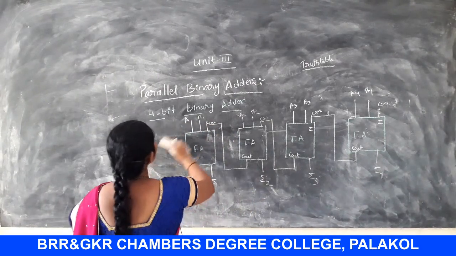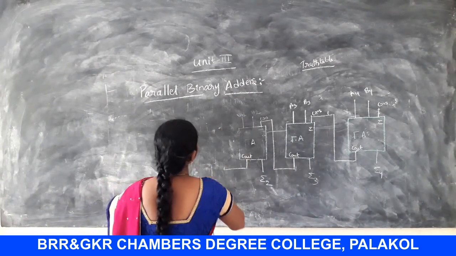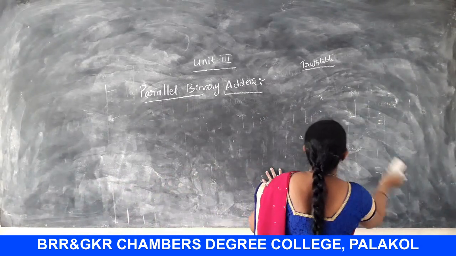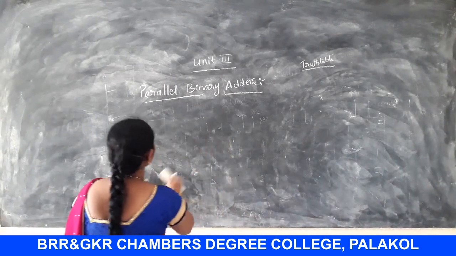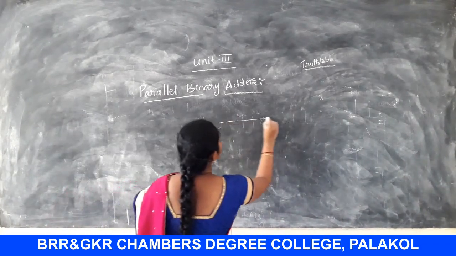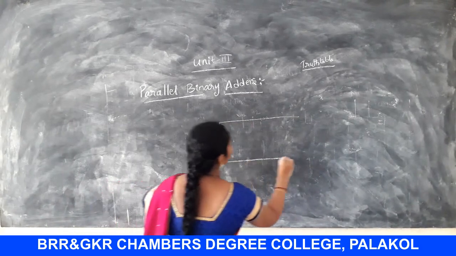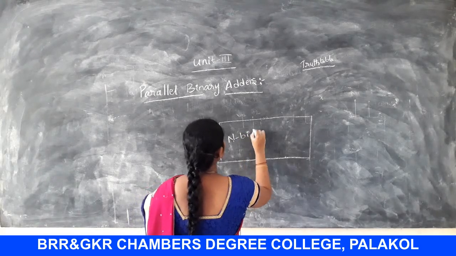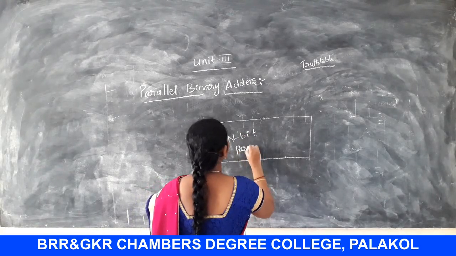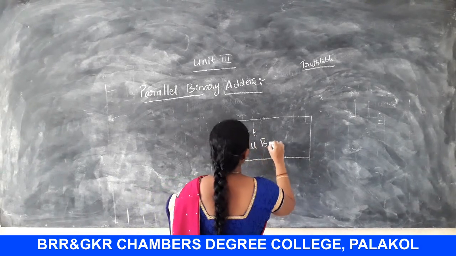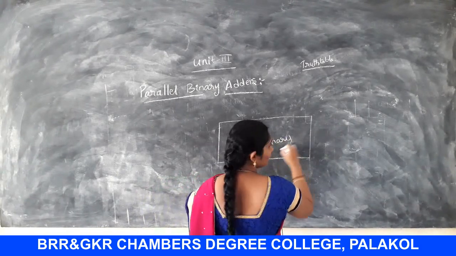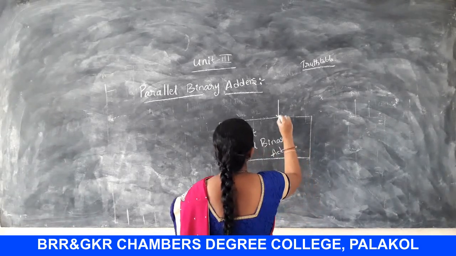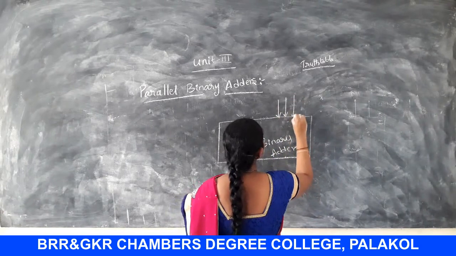Now we have to draw the block diagram of parallel binary adders. Here this is the block diagram of the n-bit parallel binary adder. It has a number of inputs.